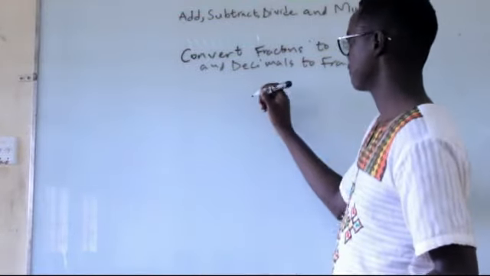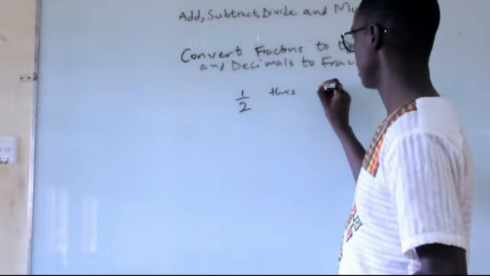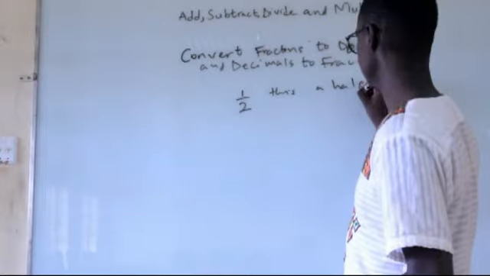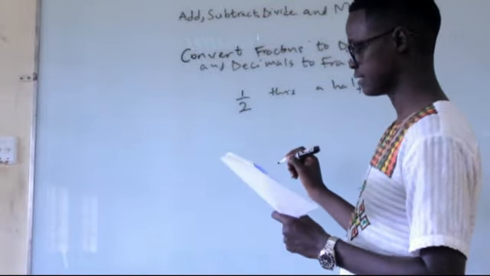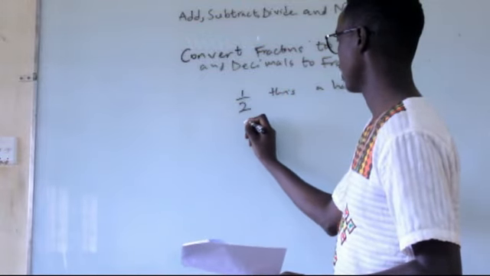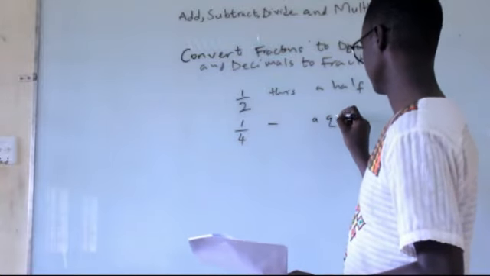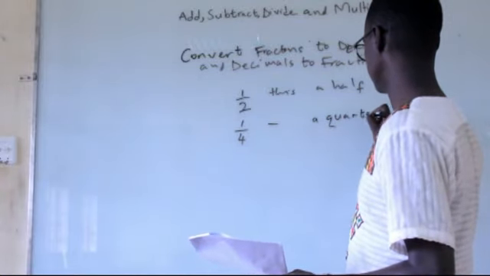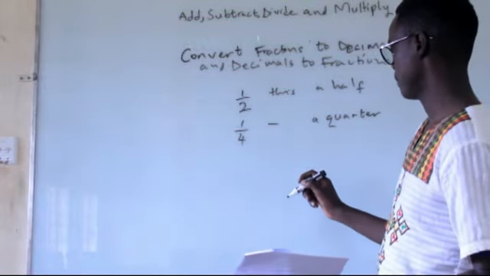Sometimes you have a value like 1/2. This means a half. Next, we have another value like 1/4. This means a quarter because it shares 1 of 4 equal parts.